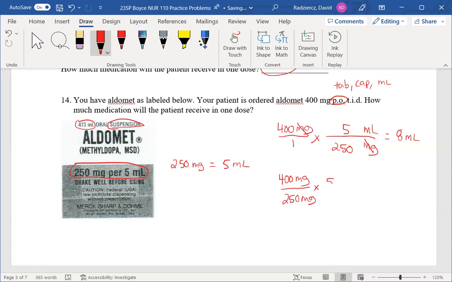So you have to make sure you multiply by the 5 ml. If it's 1 ml, 2 ml, or 10 ml, you always multiply by whatever that quantity is. When it's a tablet or a capsule, of course, it's 1. But when it's a liquid, those mLs change. Sometimes it's 1, sometimes it's 5, sometimes it's 2. You just need to pay attention.